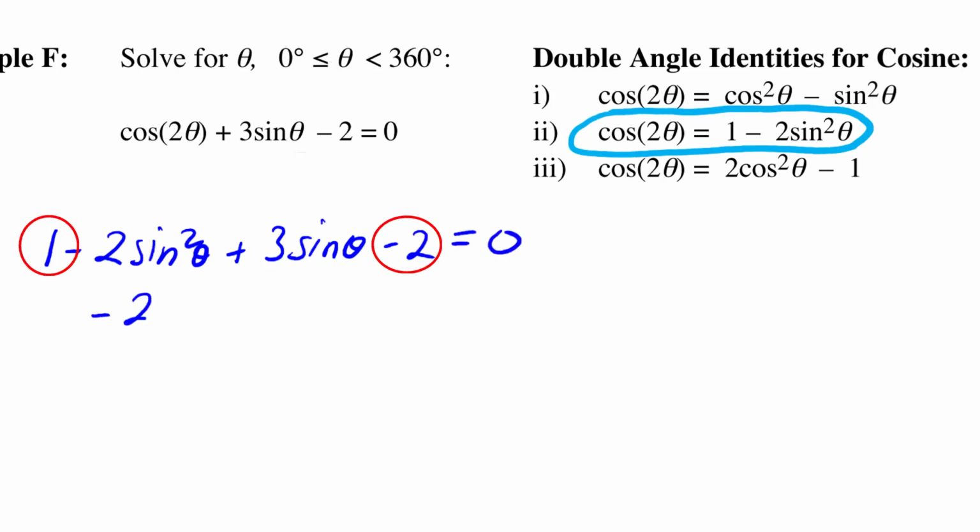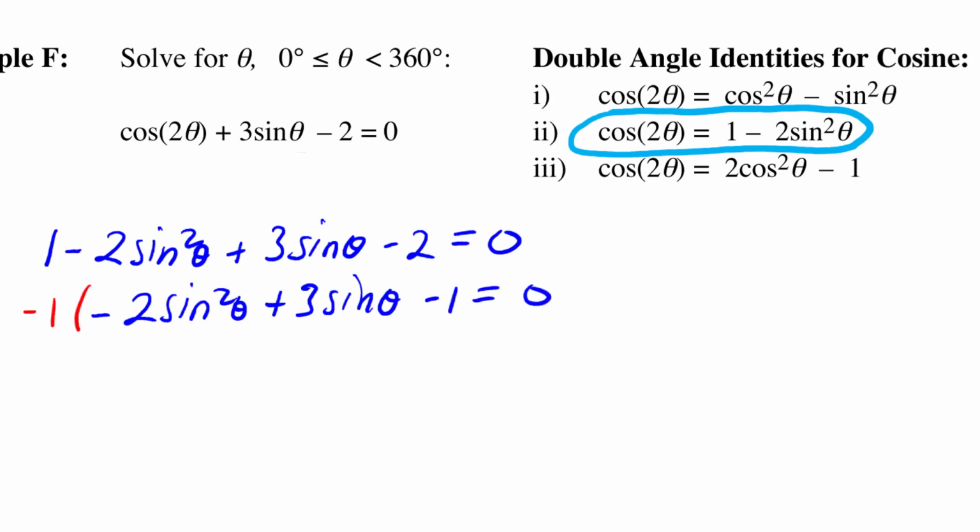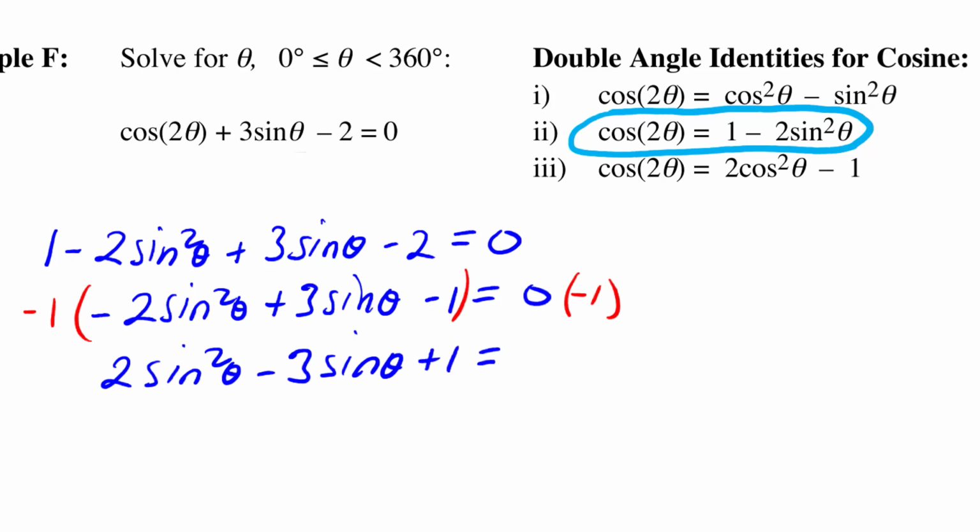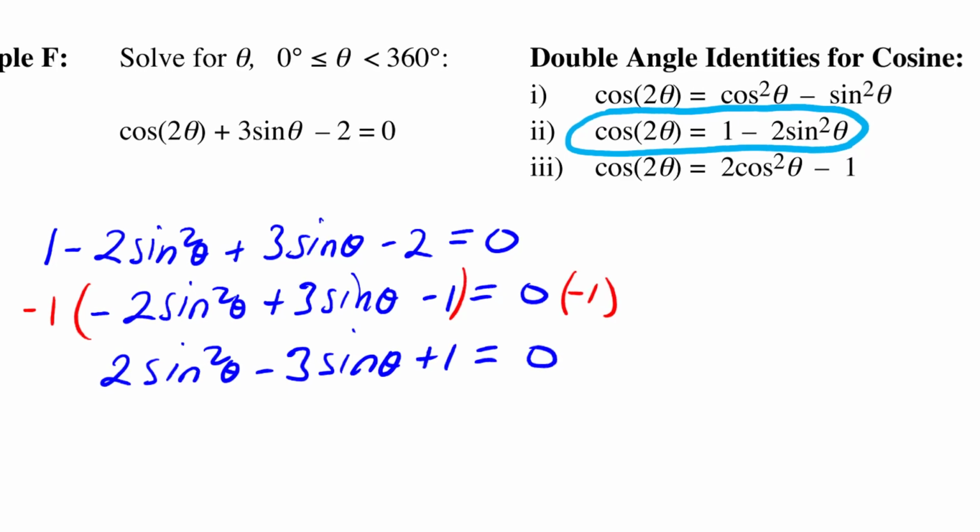Notice we now have two constants. We have a positive 1 and a negative 2, and they will combine to a single term. We're going to multiply each side by negative 1 to make the first term positive. 2 sine squared theta minus 3 sine theta plus 1 equals 0.